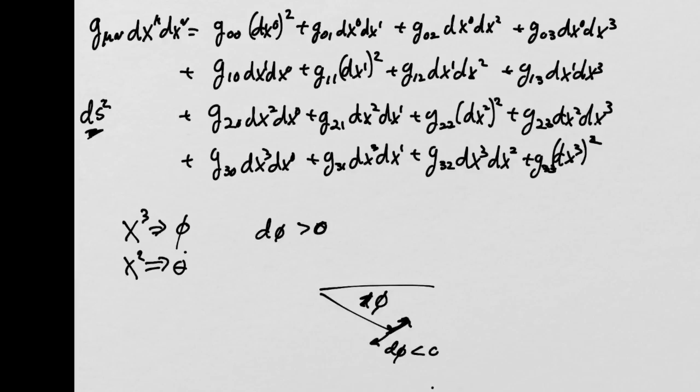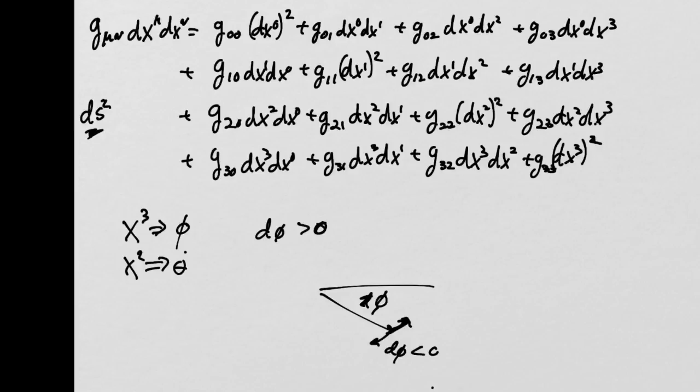But notice, if you change the sign of just d phi, the sign of this term would change. Likewise, this term would change, and this term would change. Now, if we think about it in terms of regular geometry, in order for those terms not to change sign, they basically have to be 0.